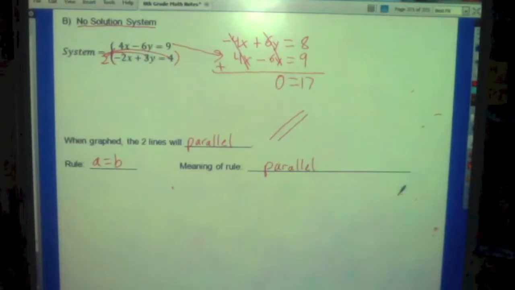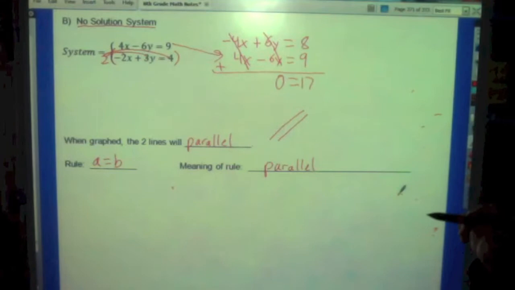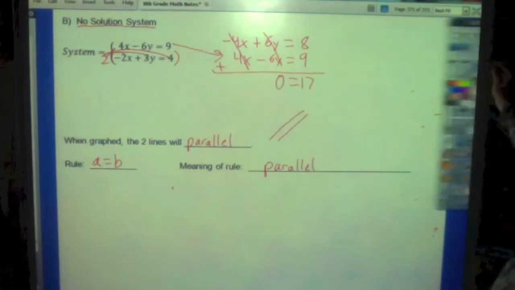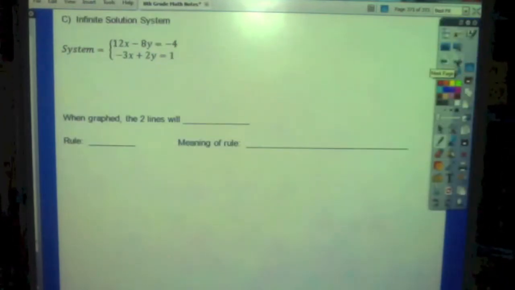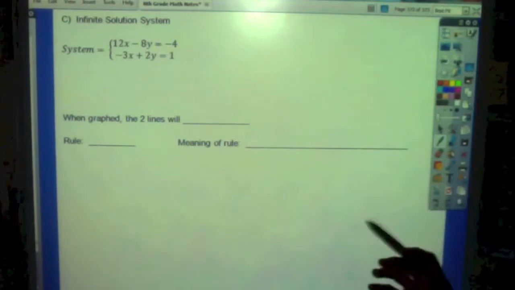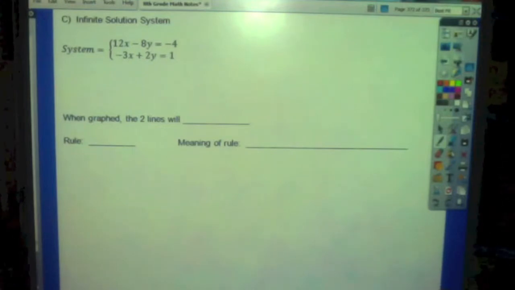All right, let's take a look at another type. And this one's going to have infinite solutions. Okay, so here's our system up on the board, and I still want to use that shortcut, my stack and add, so I have to decide what I'm going to multiply one of these equations by to get it to cancel out.